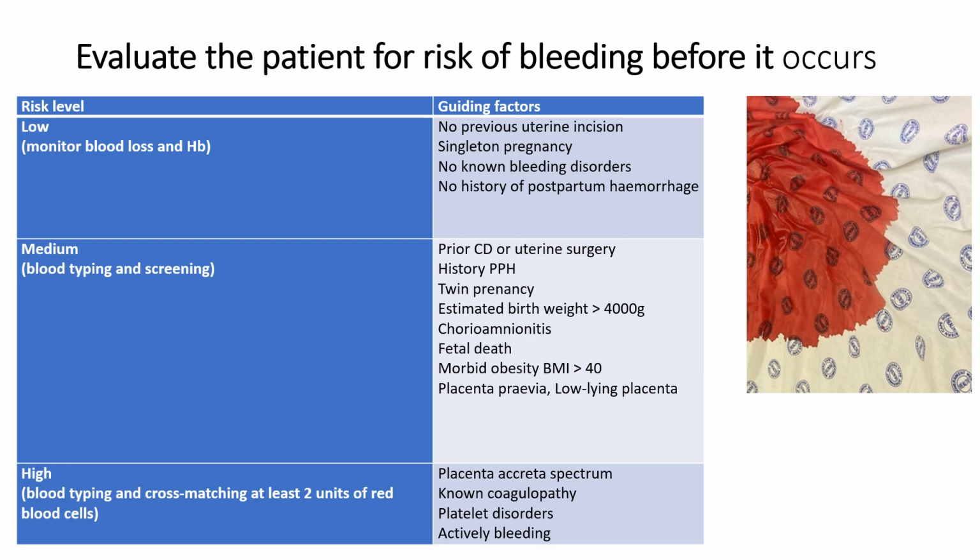If we look at the low risk group, these are your routine caesareans with no previous uterine incision, singleton pregnancies, no bleeding disorders, and no history of postpartum hemorrhage. So in this patient group, we do not expect them to lose in excess of 500 to a litre of blood, which would be compensated for easily.